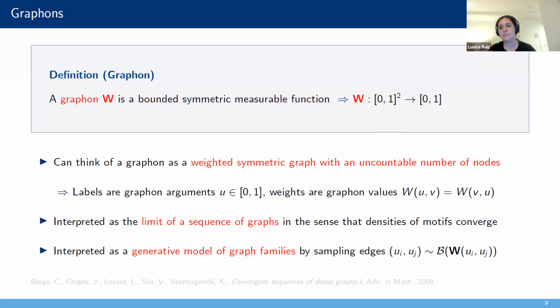One that maps points from some d-dimensional space to the unit interval, and then a kernel that maps the unit square to the unit interval, right? So you can decouple these two things, and this would allow you to represent more general graphs, such as the multi-agent system graph, right?